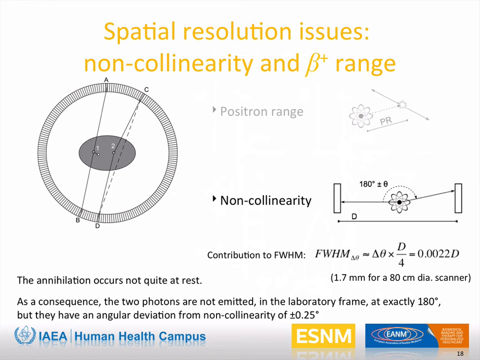The diameter of the scanner is then the critical figure for estimating the contribution of the non-collinearity to the spatial resolution. For example, for an 80 cm diameter scanner, which is a pretty clinical size, the contribution to the full width at half max of the non-collinearity is 1.7 mm, and it is usually the most important contribution to spatial resolution degradation.